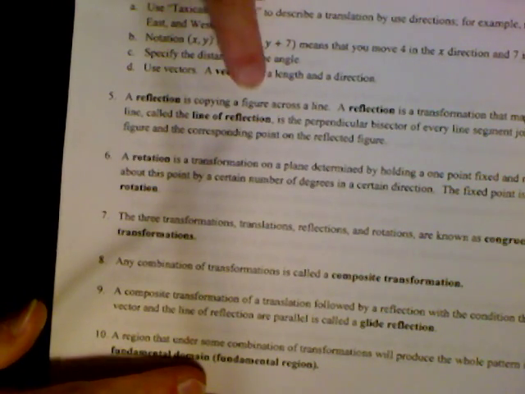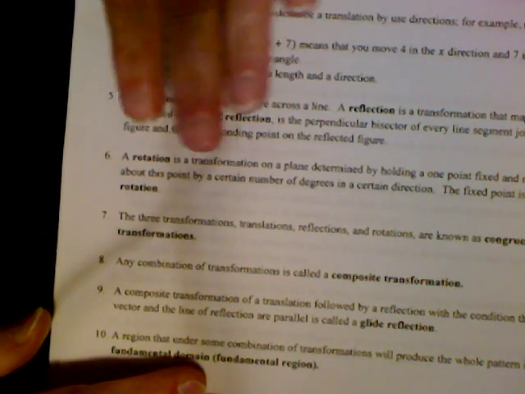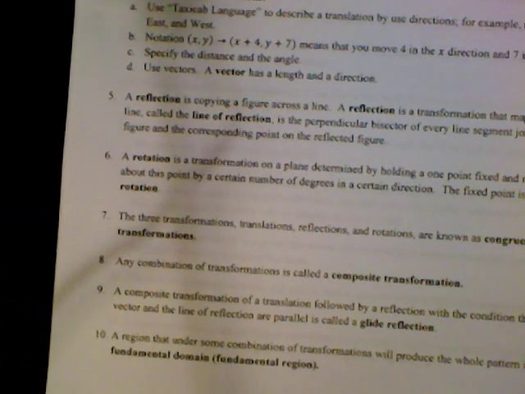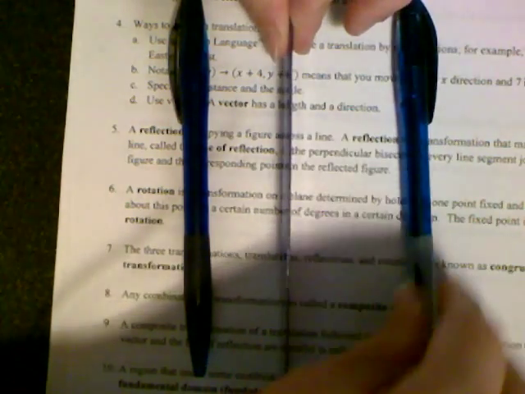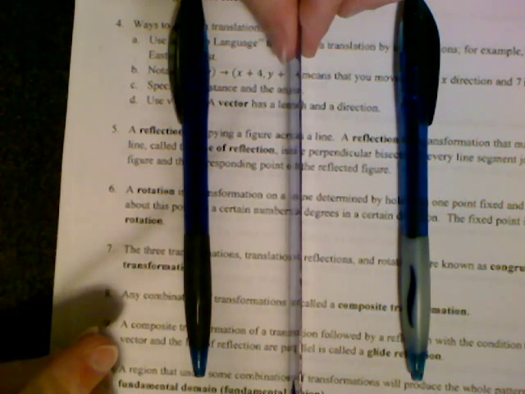Reflection is copying a figure across a line. So if I have a pen, and I copy it and reflect it, so if it's that direction here, then it's going to be opposite when I reflect it across a line, right?